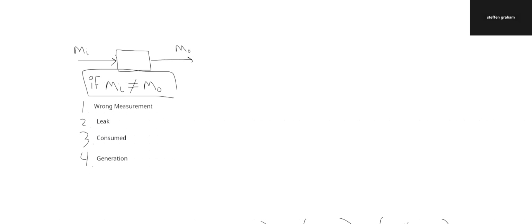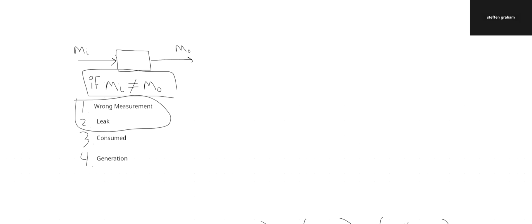And one and two, wrong measurements and leaks, can certainly happen. But we will generally assume that our measurements are accurate and there are no leaks. When you're doing stuff in the lab, these become more real, but when you're doing problems in your mass and energy balances class, it's unlikely that those are going to be happening.